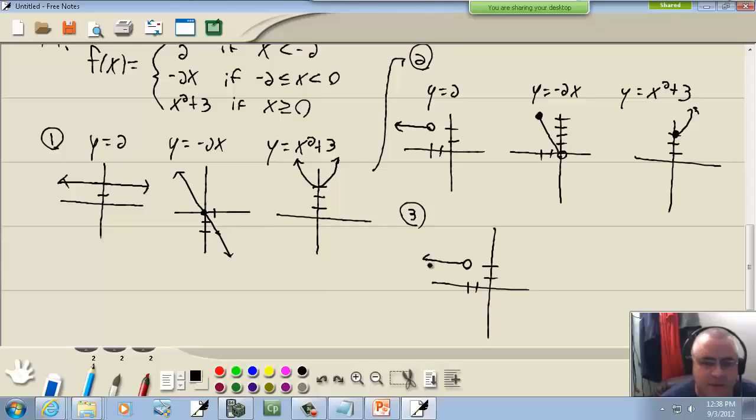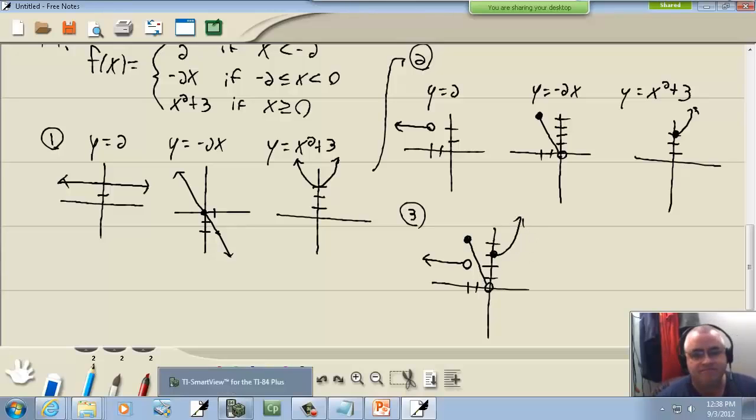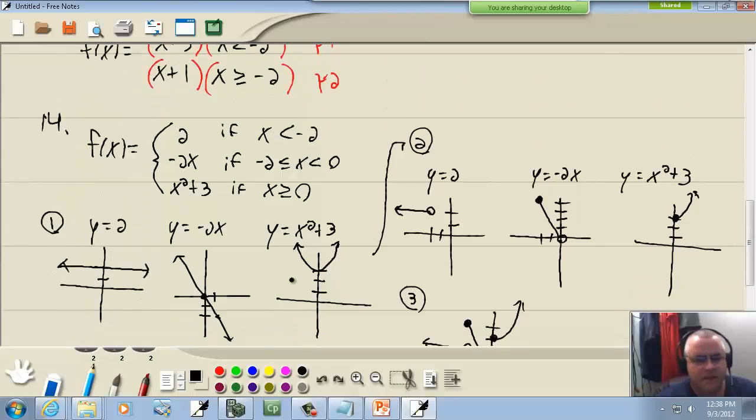So we'll have this piece, and then we'll have this piece, and then we'll have that piece right there, and that's our answer. And okay, the key on this is to plug it in your calculator, and actually let me just write it over.